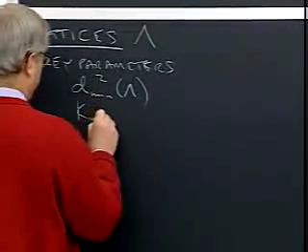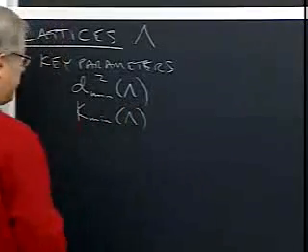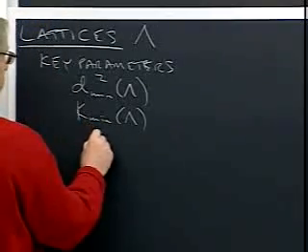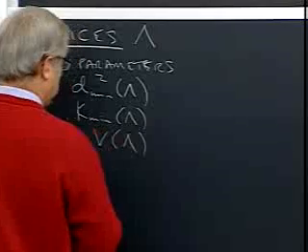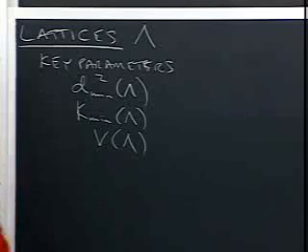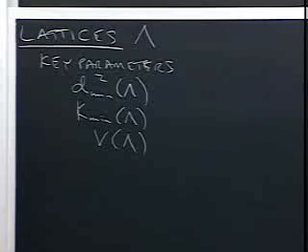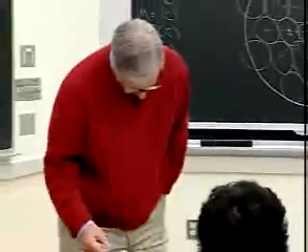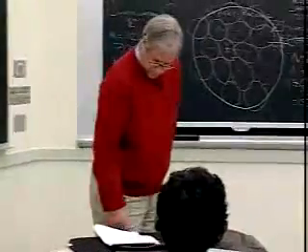The number of nearest neighbors. The volume per lattice point. And is there anything else? Seems to me there's a fourth one. Yeah, I guess that's all we need to know.